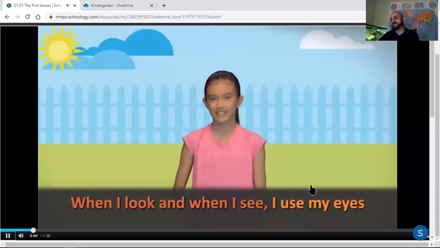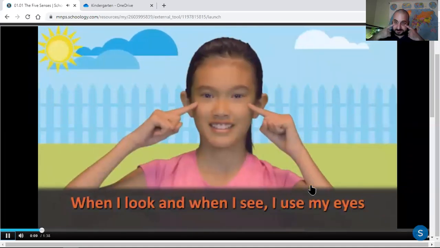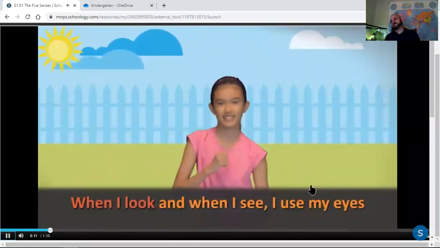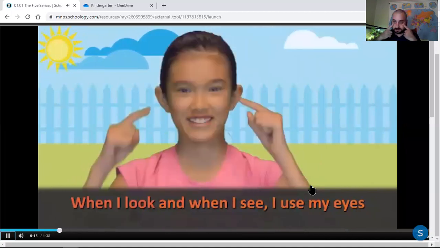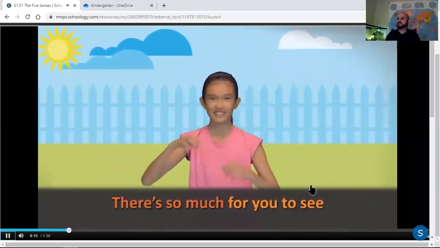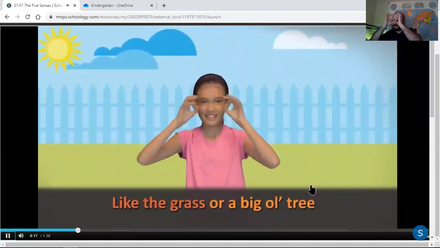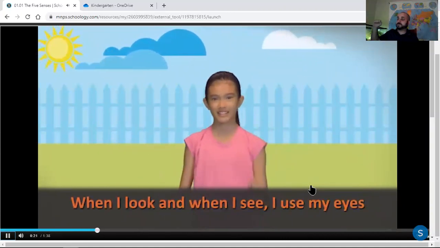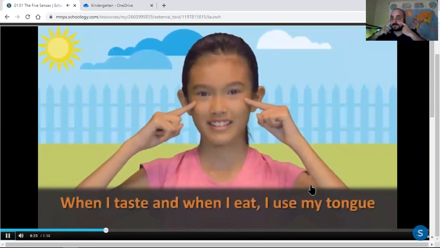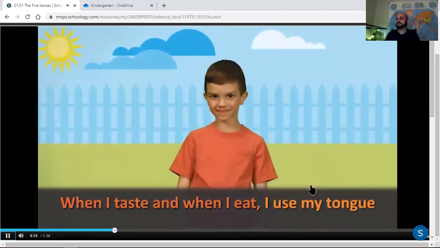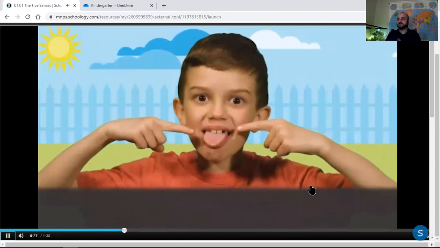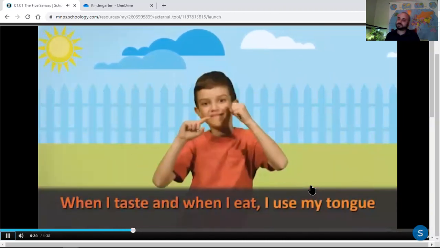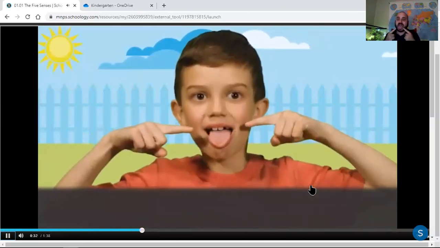When I look and when I see, I use my eyes. There's so much for you to see, like the grass or a big old tree. When I taste and when I eat, I use my tongue.